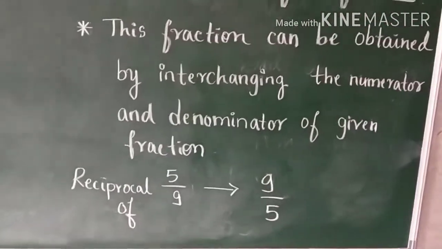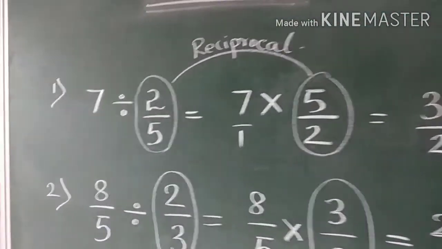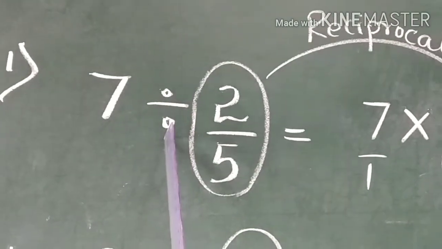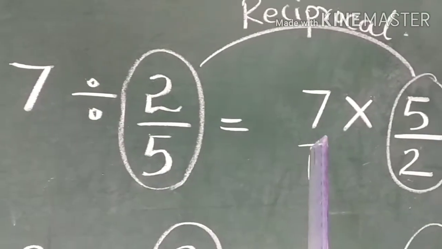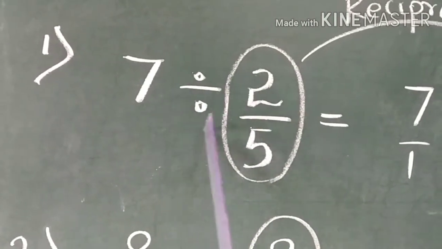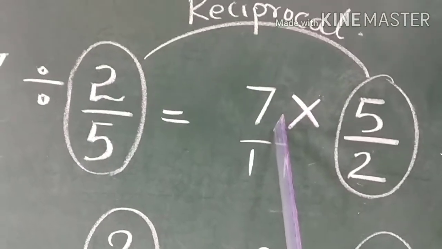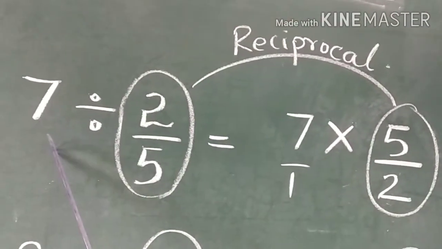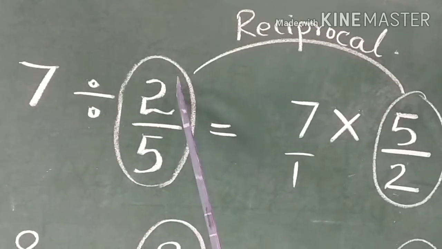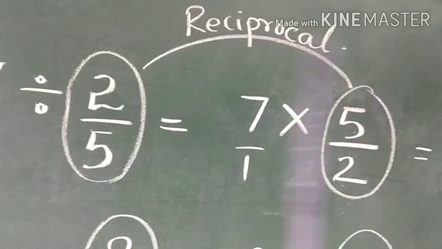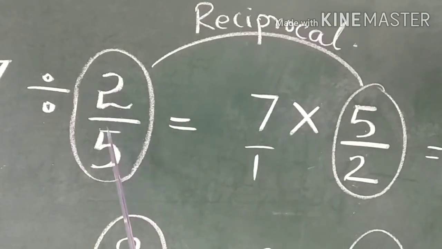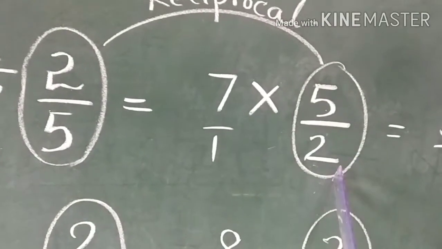So, if it is clear, now we can solve the examples. 7 divided by 2 by 5. So 7 as it is, when this division is converted to multiplication, we have to write next to this the 2 by 5 fraction as its reciprocal. 2 by 5 can be interchanged to 5 by 2.